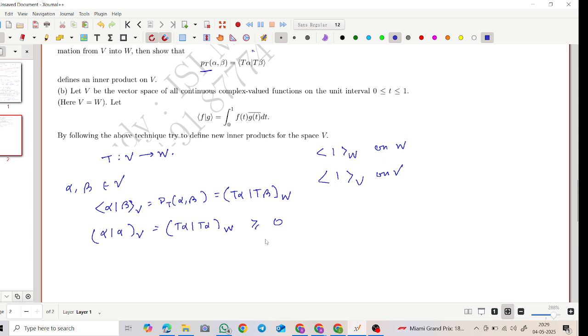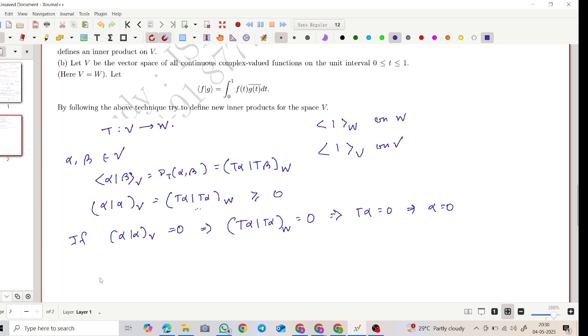If the inner product of alpha with alpha in V is 0, then T alpha inner product T alpha will be 0. But then you have T alpha equals 0 from the property of an inner product. But then you have alpha equals 0, because T was taken to be non-singular.